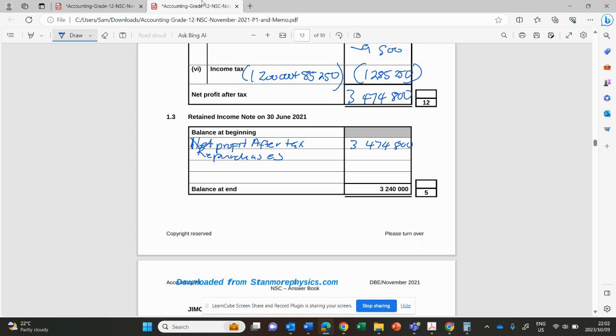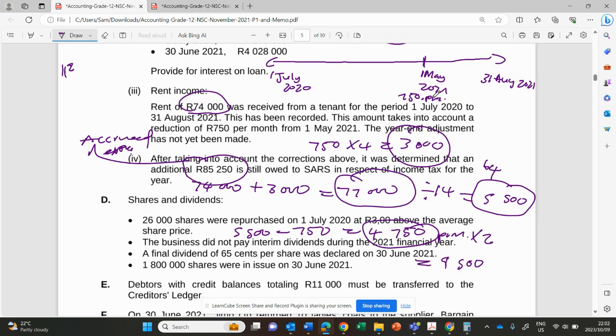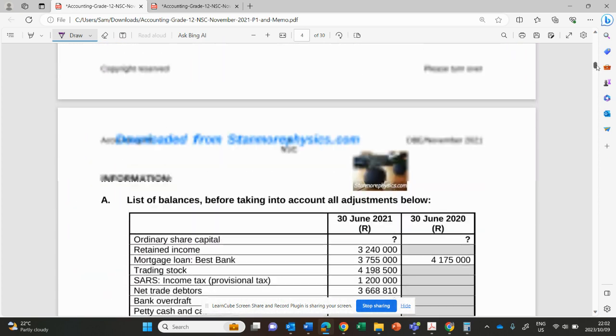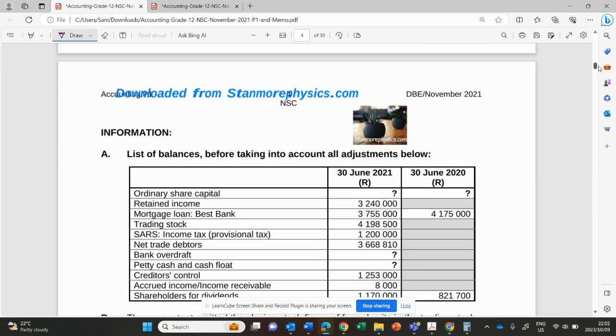Now let's go to the repurchases and the balance at the beginning. Balance at the beginning obviously will be 2020, and balance at the end will be 2021.